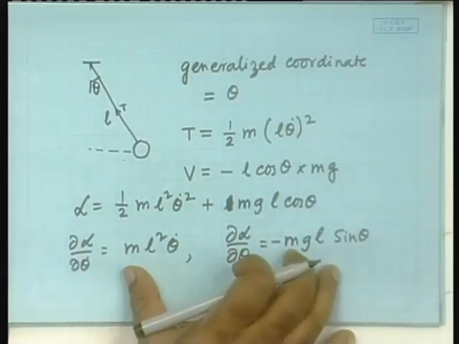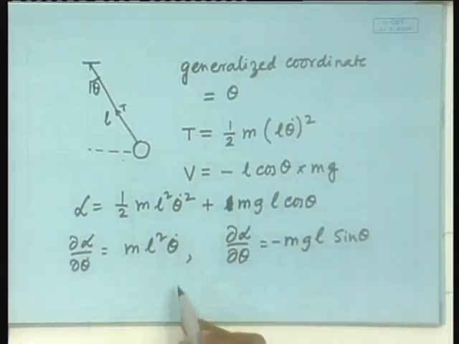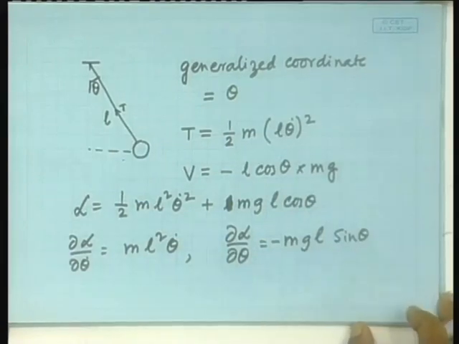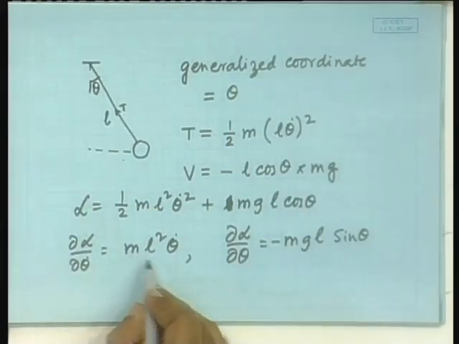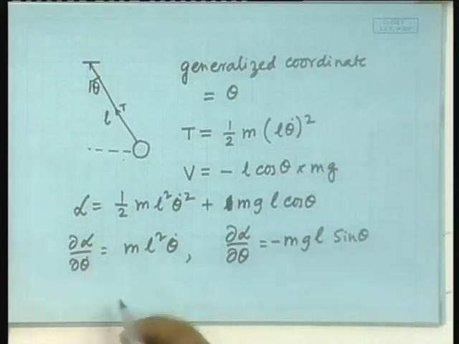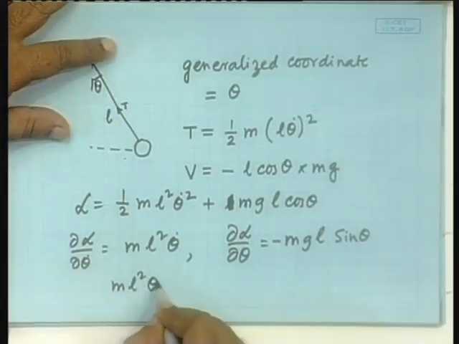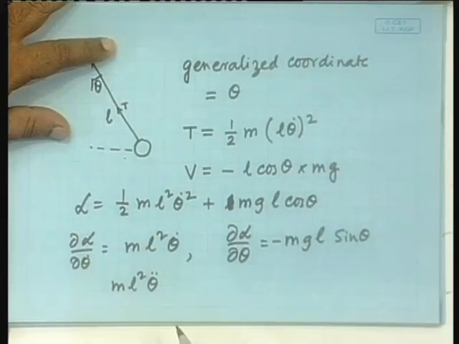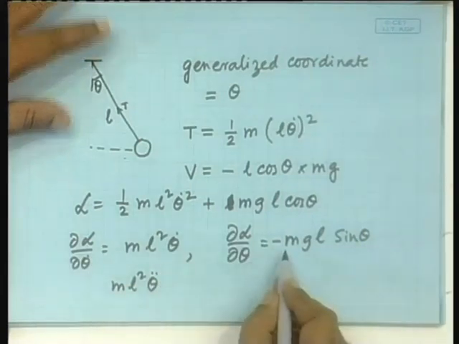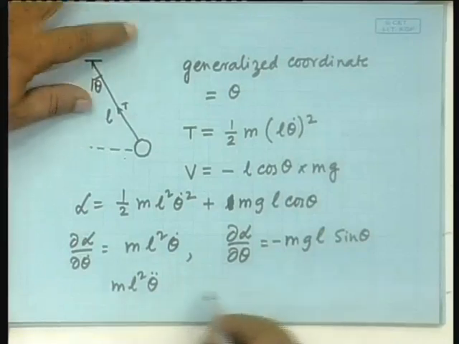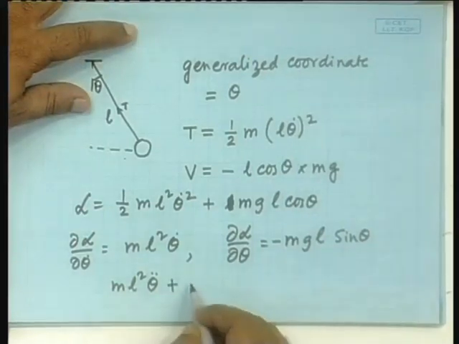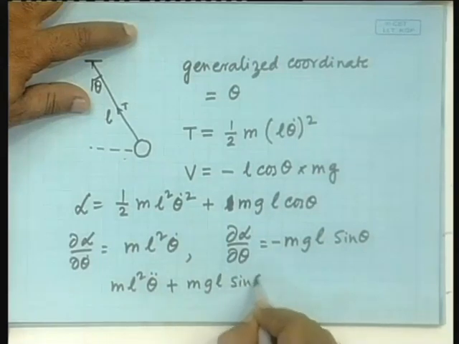The moment you have this, you can easily write down the differential equation. Derivative of this with respect to time, which is m L square theta double dot, minus of this, so it's plus m g L sin theta equal to 0.